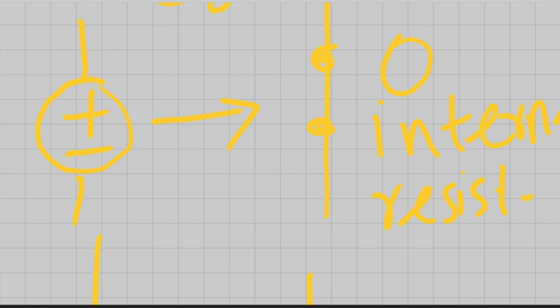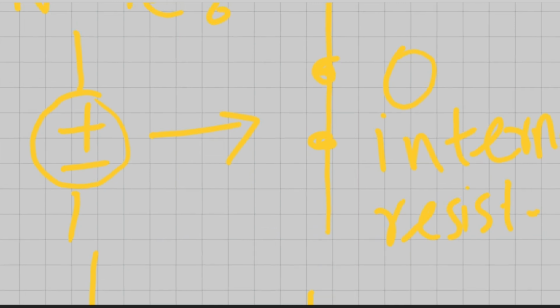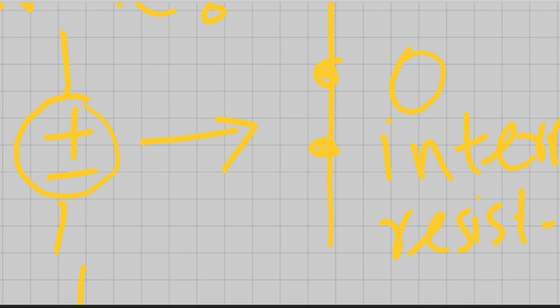I'm writing it short because the board is quite small. So it has zero internal resistance, and to represent it we replace it by a short circuit. You know the meaning of short circuit: it has zero resistance. Therefore we are replacing this voltage source with a short circuit.